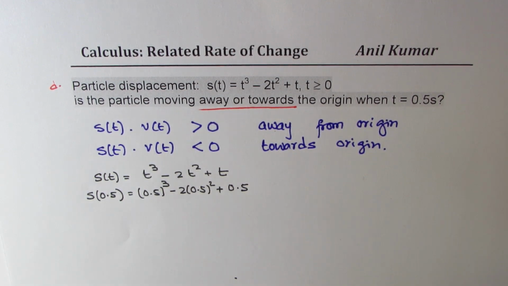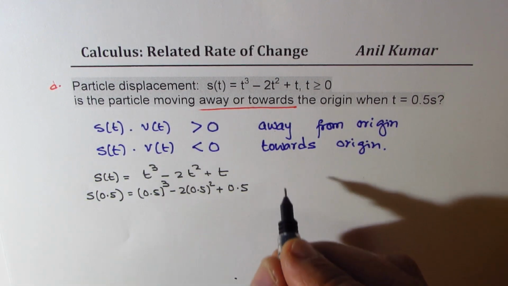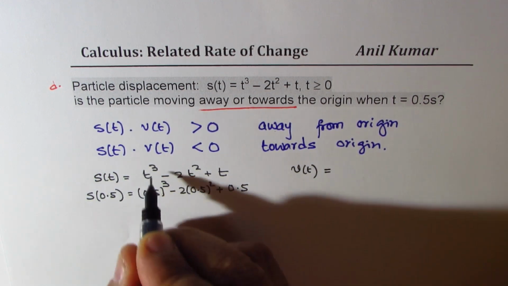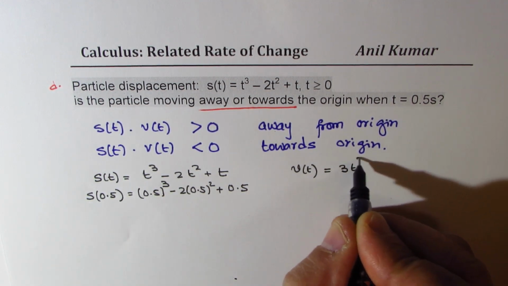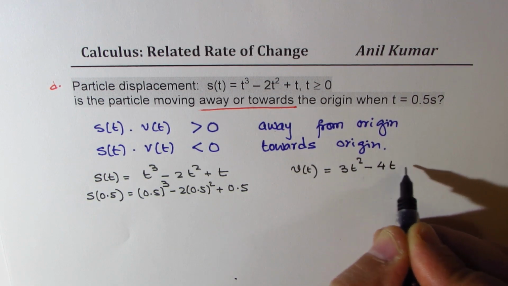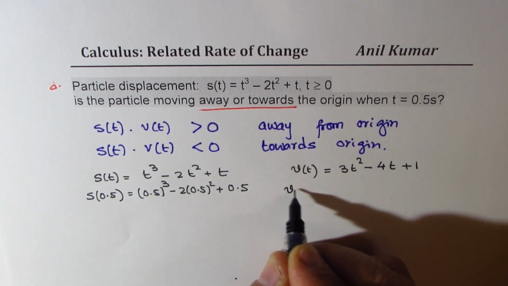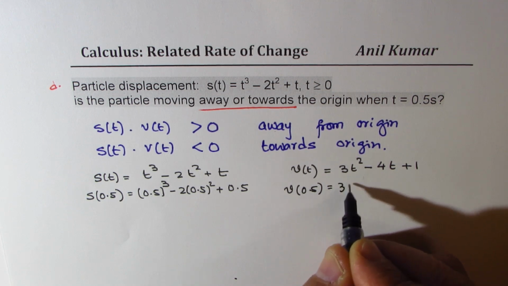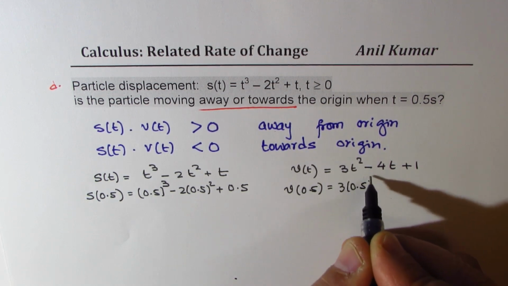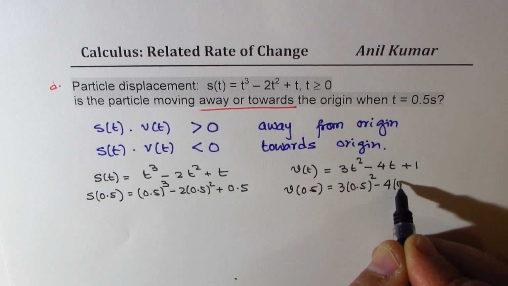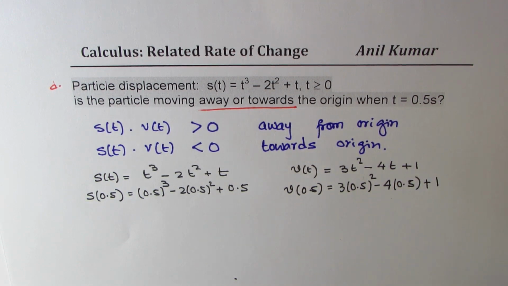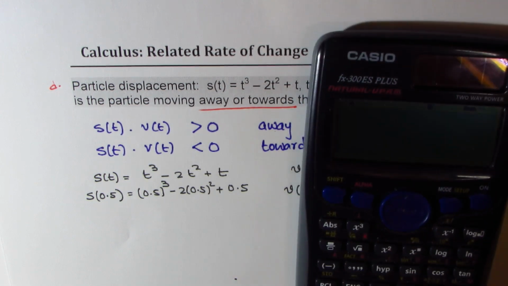As far as the velocity is concerned, we found that velocity is the derivative of this, which is 3t square minus 4t plus 1. So we'll also find velocity at 0.5, which is 3 times 0.5 square minus 4 times 0.5 plus 1. Correct? So let's use a calculator and calculate this out.